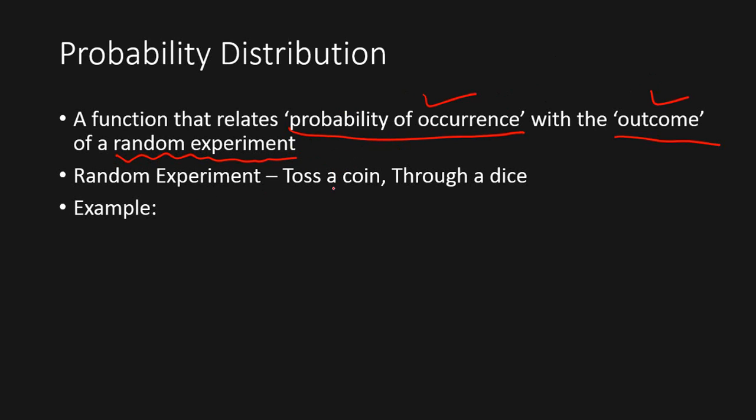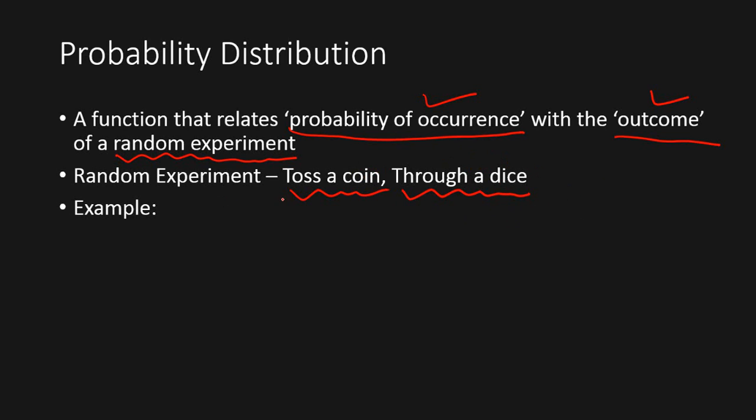So random experiment could be tossing a coin, throwing a dice, or any experiment in which the outcome is random in nature, or we do not know what is going to be the outcome. When we toss a coin, we do not know whether it's going to be a head or a tail. When we throw a dice, we do not know which number will appear on the face of the dice.